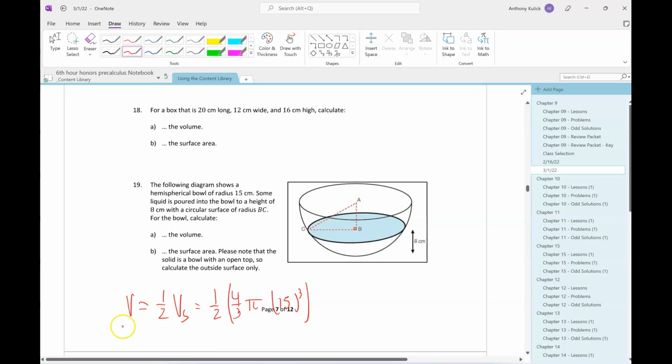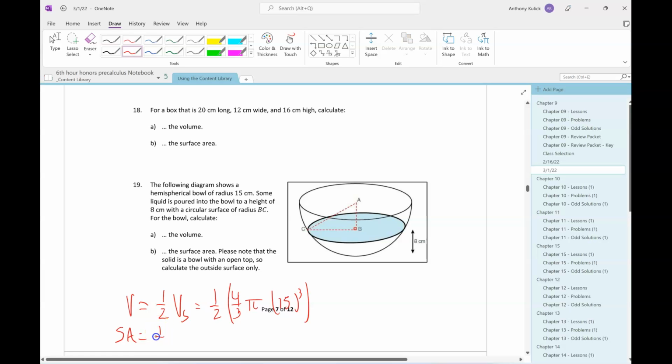And the surface area, what it's saying here is that if this was a solid, like a solid circular rock and you cut it in half, the top would still be a surface, right? This is saying that no, it's open, it's like a bowl, so we're not going to count the inside as a surface. It only wants, like, if you're going to paint the outside of your bowl or whatever.